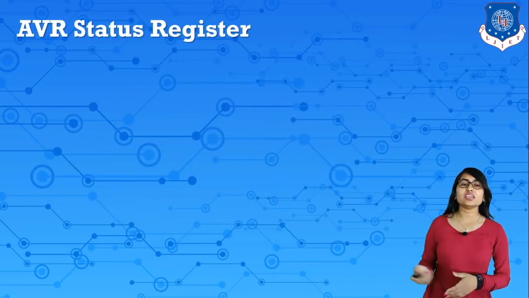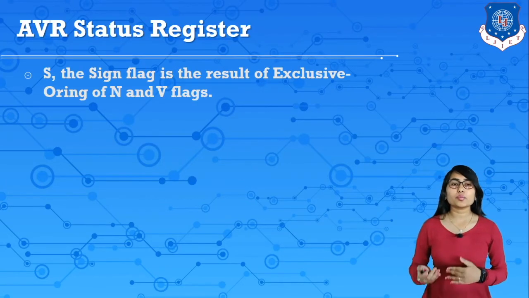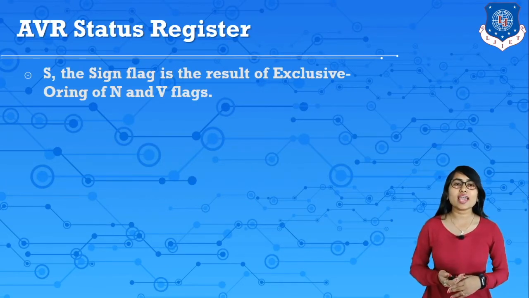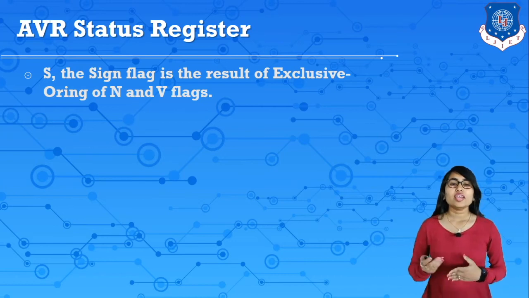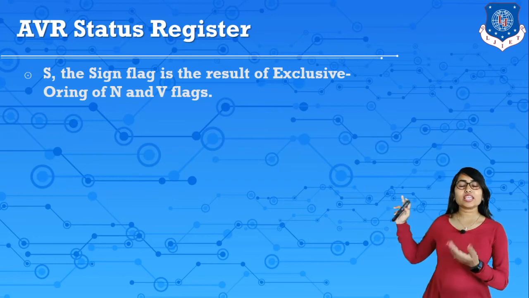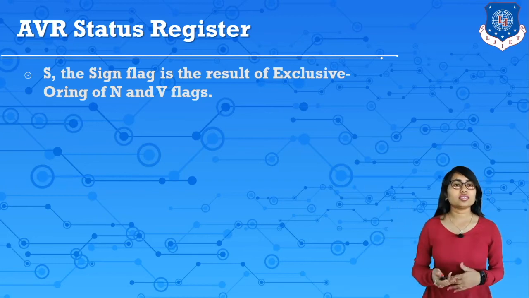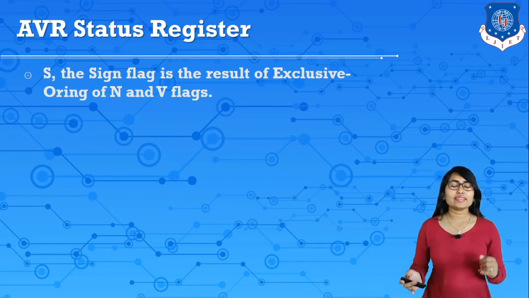Then the sign flag is the result of the exclusive OR of N and V. If we take the XOR of N and V, we can calculate the sign flag. The sign flag shows whether the result is positive or negative.